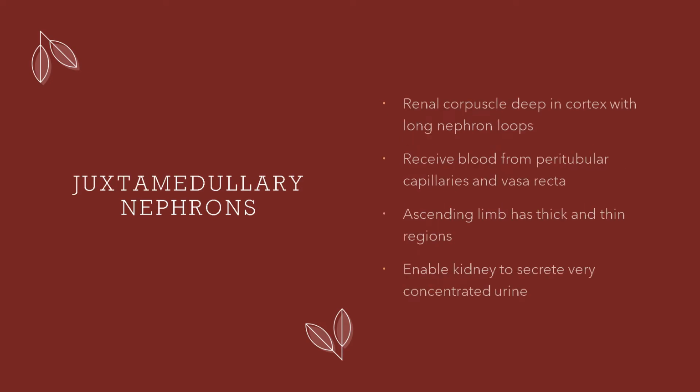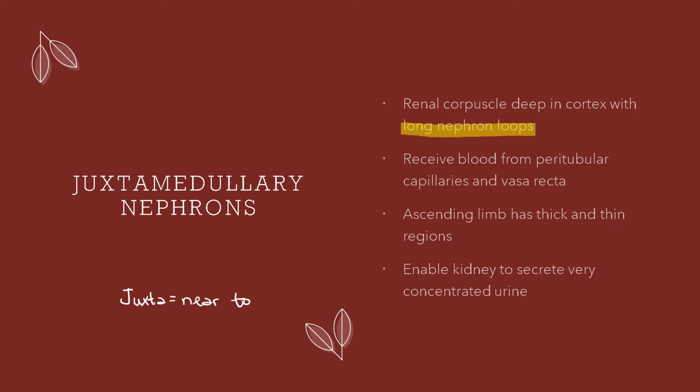The other 15 to 20% of the nephrons are juxtamedullary nephrons. I don't know if I discussed this earlier, but the prefix juxta means near to. Anyways, their renal corpuscles lie really deep in the cortex, really close to the medulla, and they have really long nephron loops.